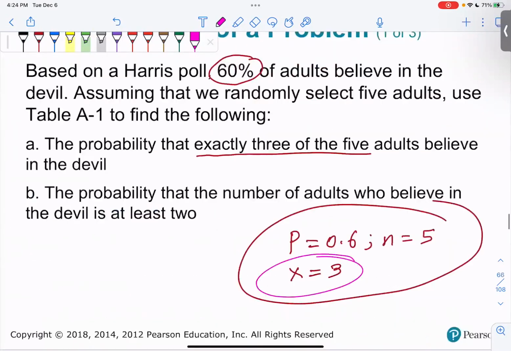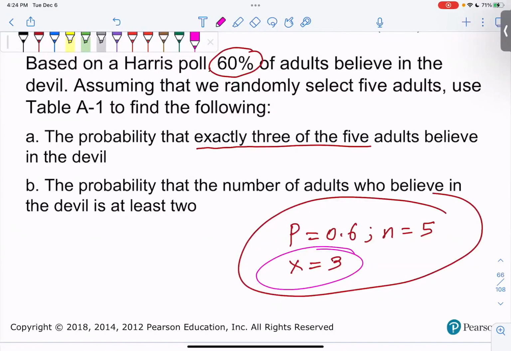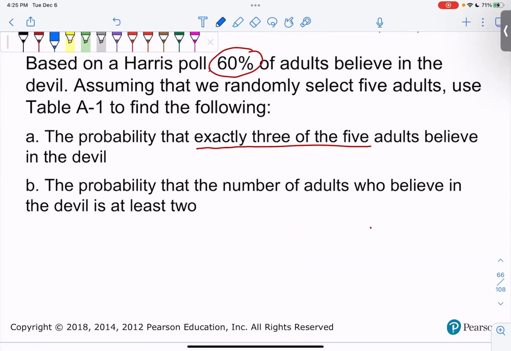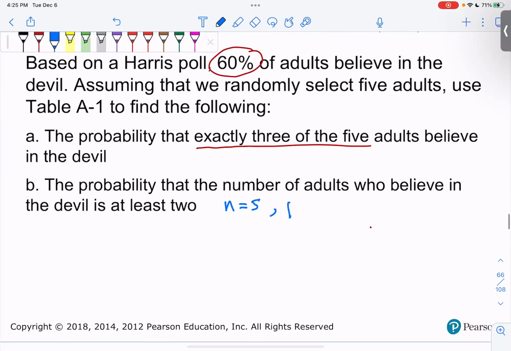What about the next one? What's the probability that the number of adults who believe in devils is at least 2? So here, still we have n equal to 5 and p equal to 0.6, but the probability of X at least 2, which means greater than or equal to 2.